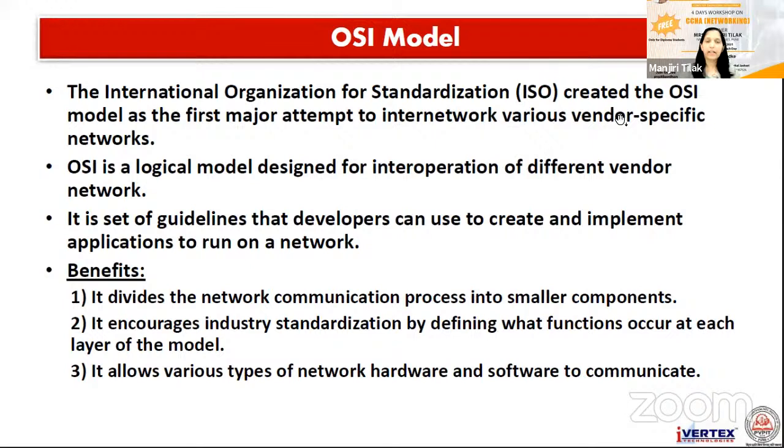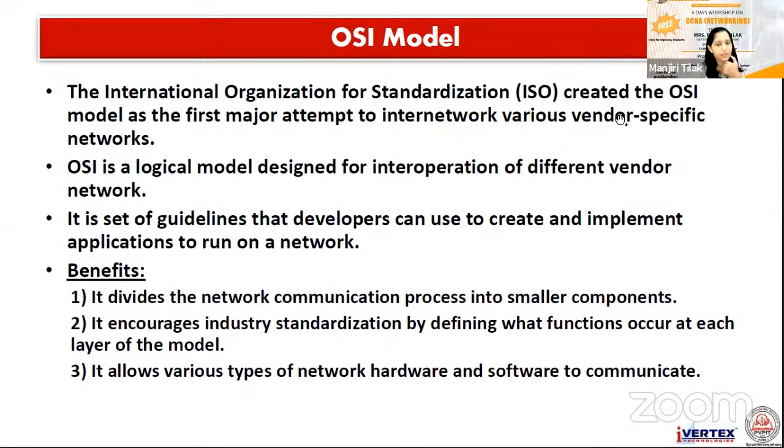Then it encourages industry standardization by defining what function occur at each layer of the model, right? Means OSI has divided your communication into different layers, right? And on each layer, some protocols or standards are defined so that developers can create protocols or application based on that, and communication can be standardized, right?